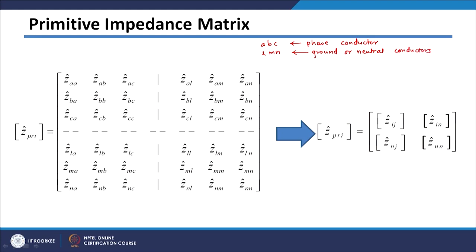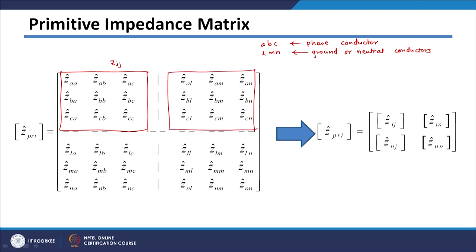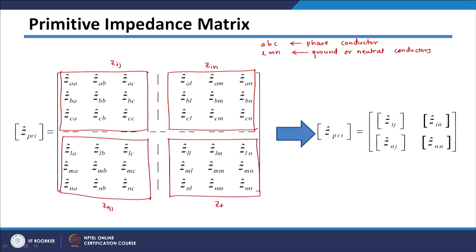In this case again we can divide: this part consists of only terms related to phase conductors, so this will be represented by Zij. This represents phase as well as neutral conductors, so this will be represented by Zin. This again represents phase as well as neutral conductors, so this will be Znj, and this represents only the neutral conductors, so this is Znn. This is how we can divide this matrix into 4 parts.